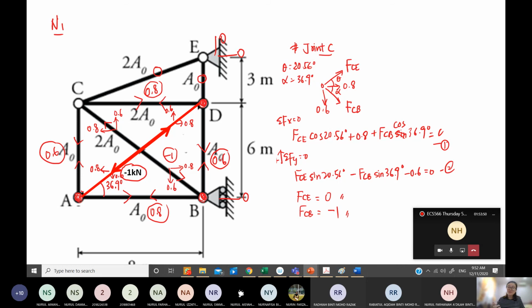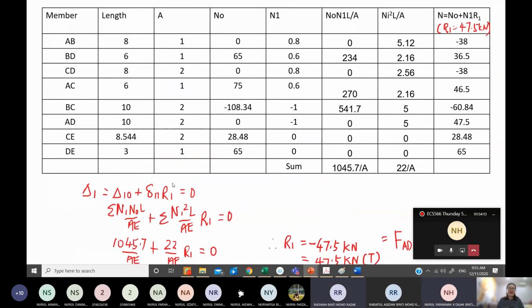Tapi jika you dapat R1 tu negative value, compression lah dia. Saya telah buat arrow tadi masuk ke joint, saya malas nak tukar. Jadi lain kali, jika you rasa confused sangat, semua redundant force ini you assume tension. Nanti you senang sikit. Okay?